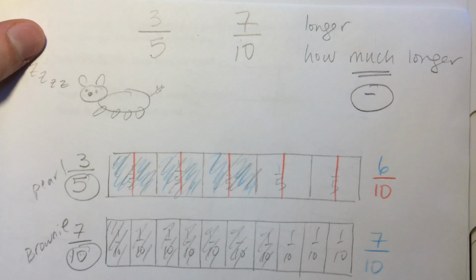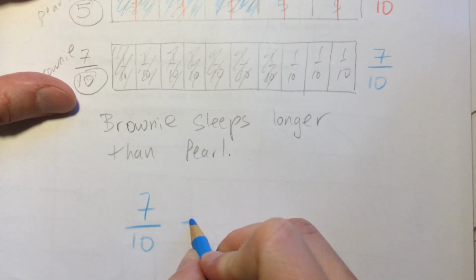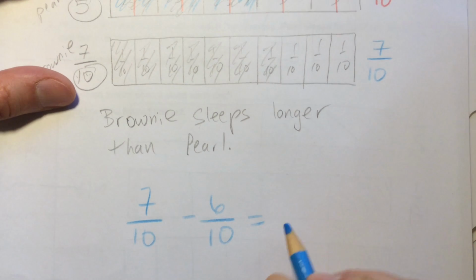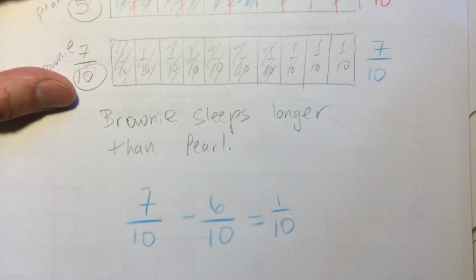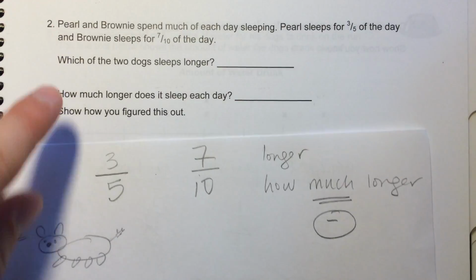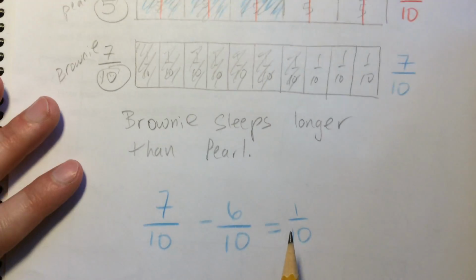So now we need to do a subtraction question. 7/10 minus 6/10 equals 1/10. So now let's see how we would answer, how much longer does it sleep each day?